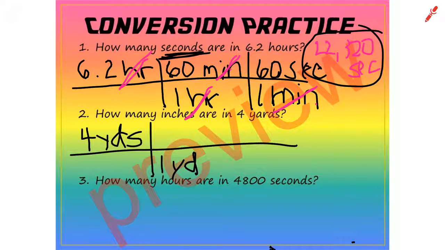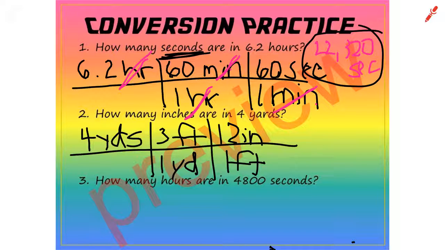In 1 yard, you have 3 feet. And then in 1 foot, you have 12 inches. Okay? So 4 times 3 is 12. 12 times 12 is 144 inches. And of course, it's divided by 1, which is the same.